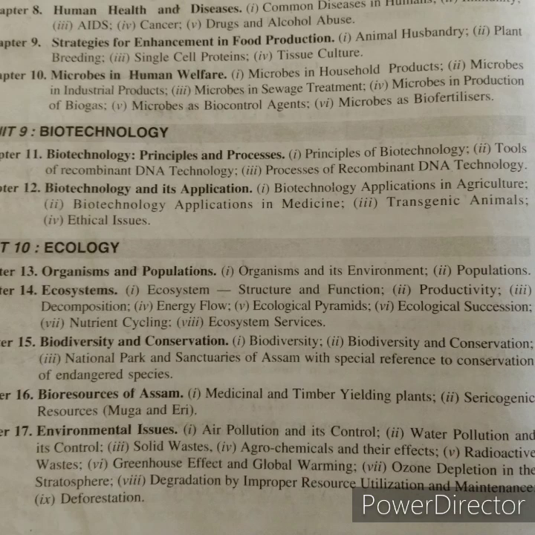First of all, here you see the medicinal and timber yielding plants of Assam. How can you study all those vast medicinal and timber yielding plants present in Assam? You also have to study the scientific names with the families and their uses.